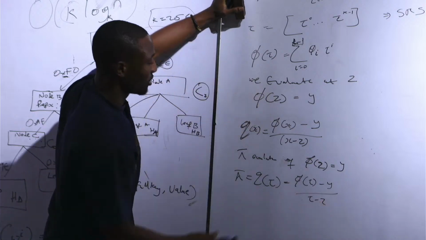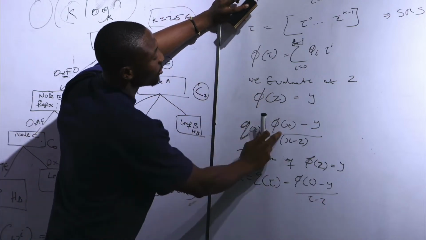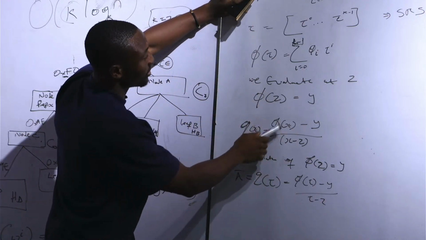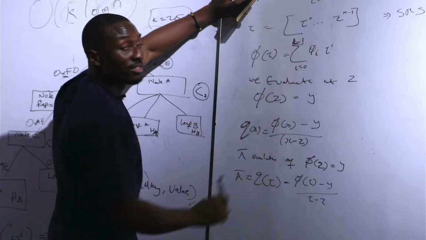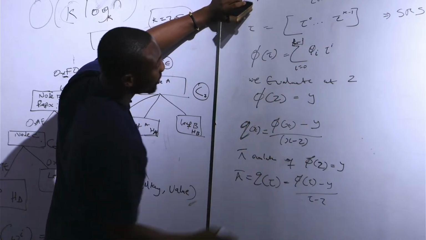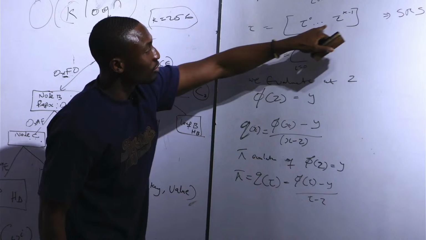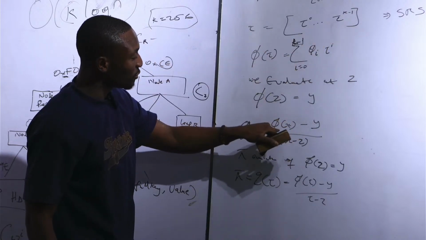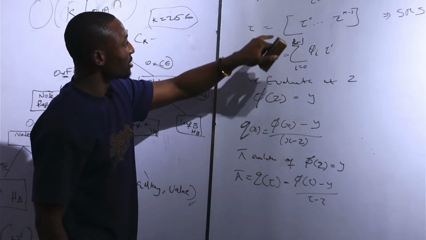And because this is a polynomial, we can still commit to it using this reference string, because we know that the degree of this polynomial will be less than the original polynomial.